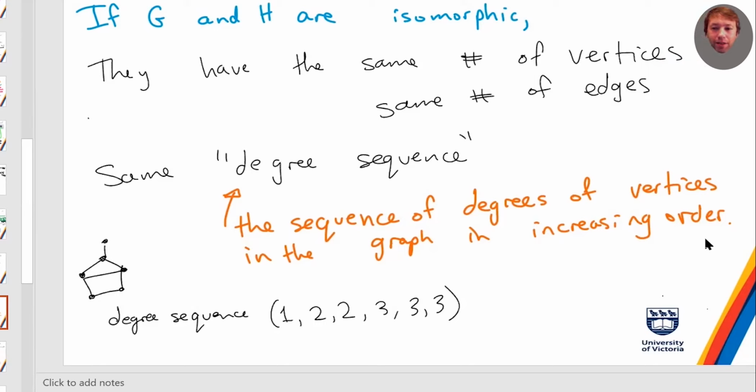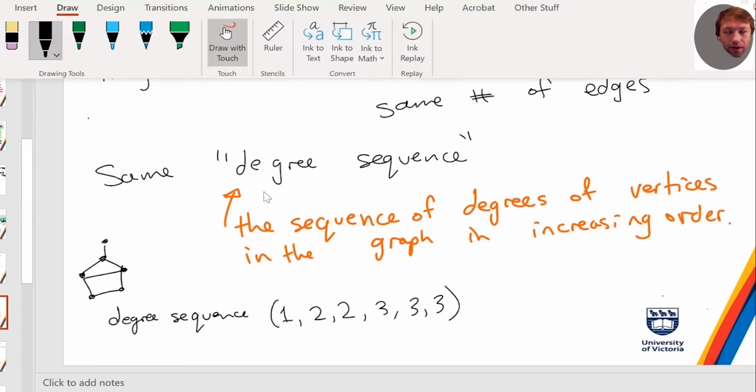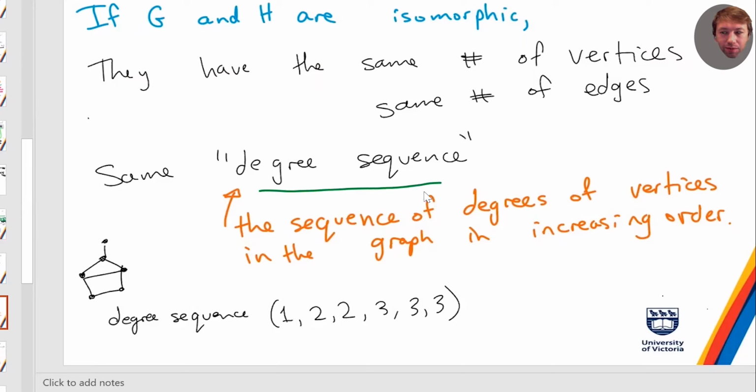Another more subtle, more detailed way of testing isomorphism is to look at the degree sequence, right? What's the degree sequence? The degree sequence is what you get by writing the degrees of the vertices in a sequence, and we're going to do this generally in increasing order. For example, if I took this graph, it has a vertex of degree 1, which is here.